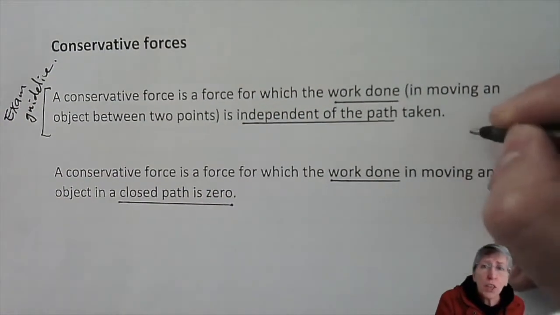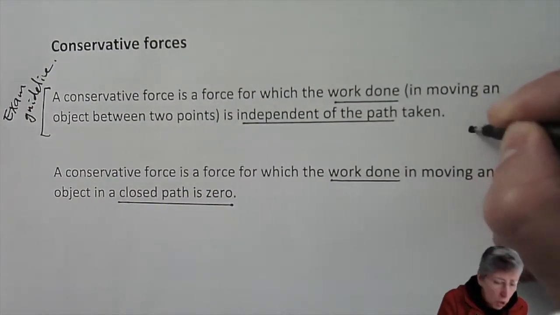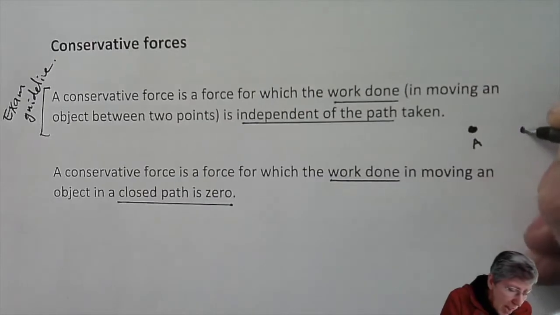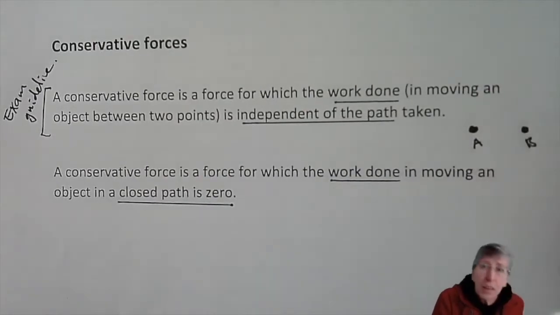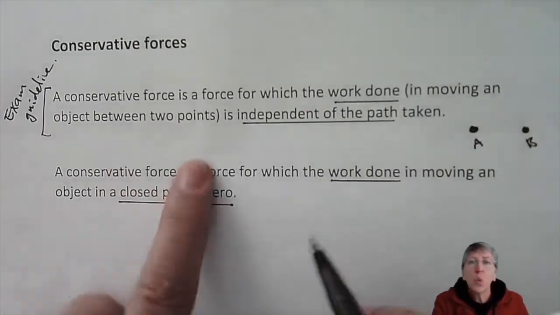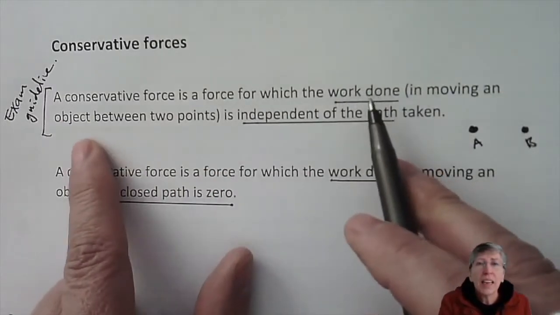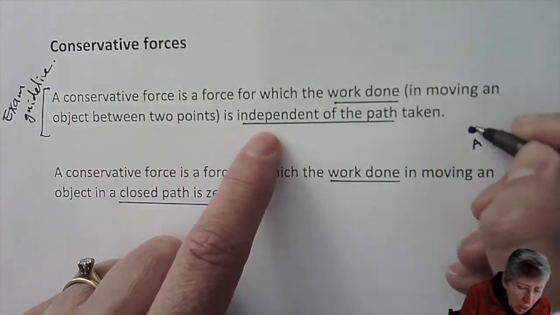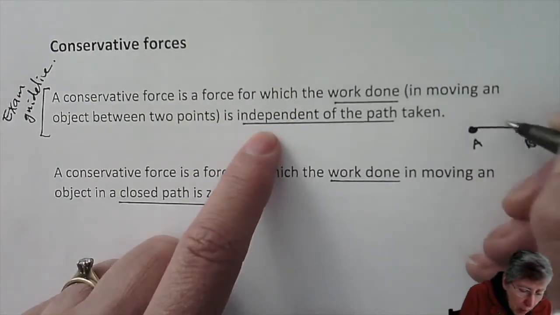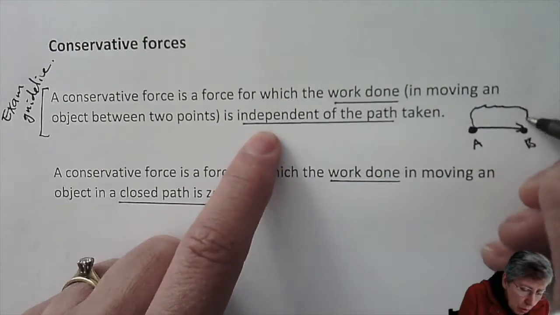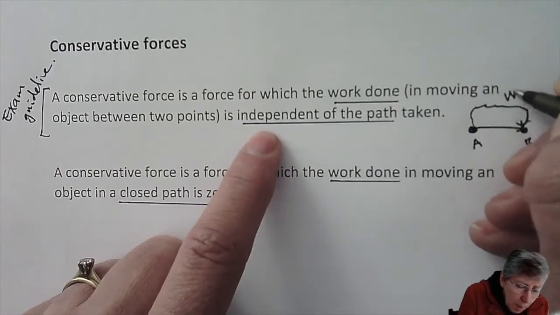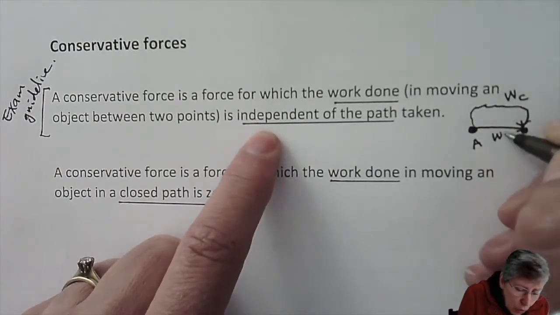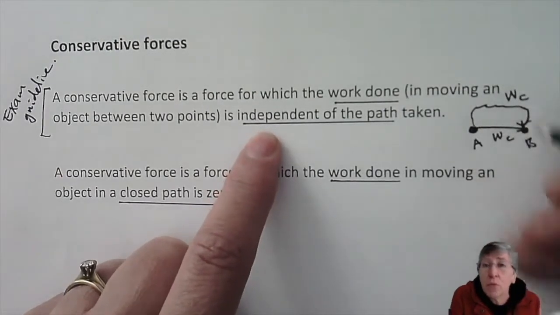So the first one is all about moving between 2 points. So let's call them A and B, right? So the first one said that the work done by a conservative force is independent of the path. So it does not matter if you do that or you do that. The work done by a conservative force will be the same for both, right?